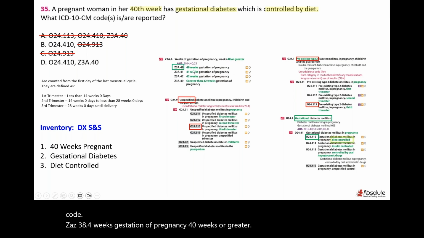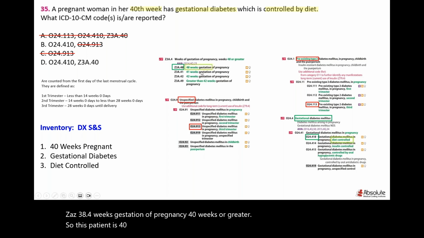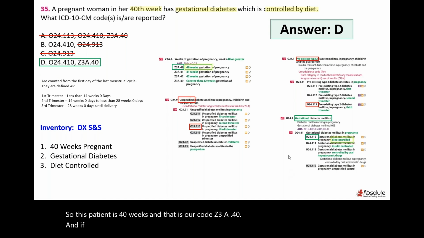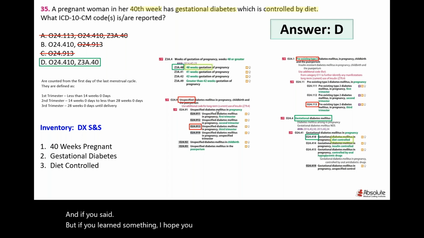So this patient is 40 weeks, and that is our code, Z3A.40. And if you said D, outstanding, but if you learned something, I hope you did, that's priceless.